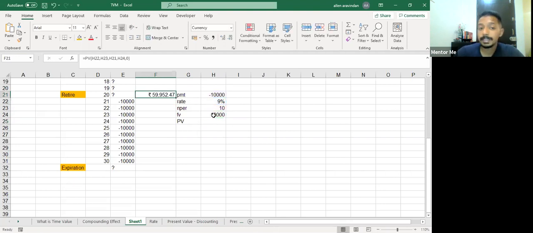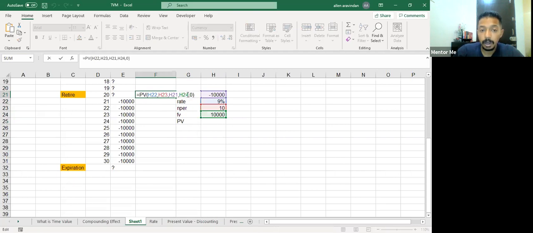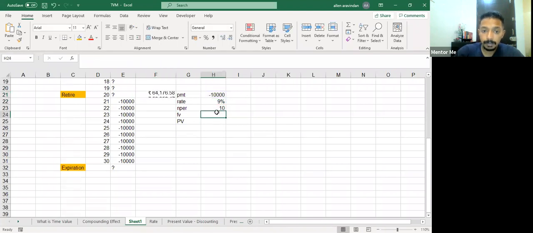Then see how the present value changes, right? The amount of money I would need at year 20 would be lesser, and he would still be able to draw his savings at 10,000. So do not confuse yourself with future value, because we do not have to keep anything at the end.